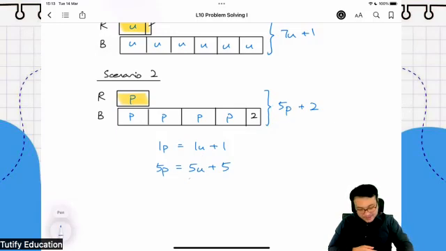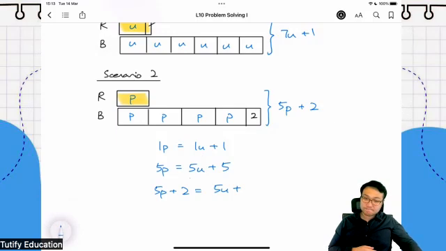Okay, so that means 5 parts plus 2 equals to 5 units plus how many? What is 5 parts plus 2, Alicia?